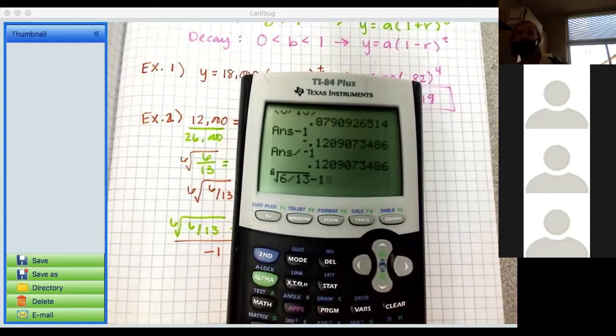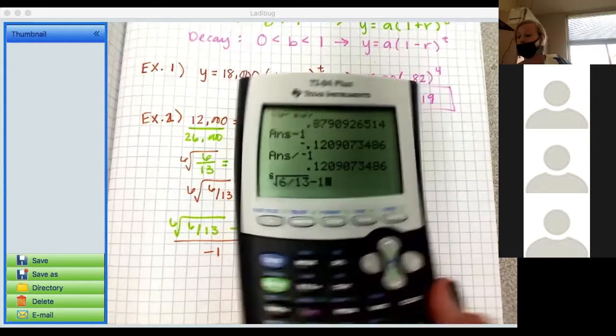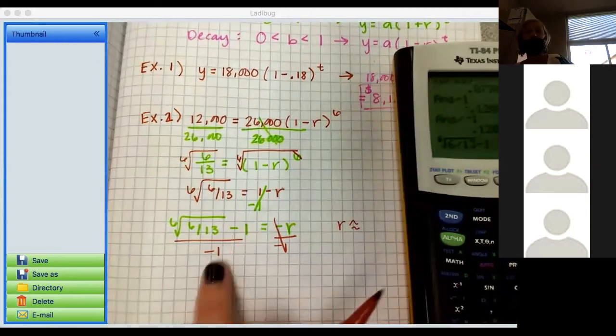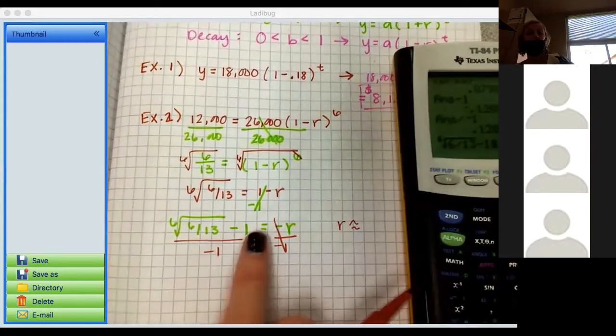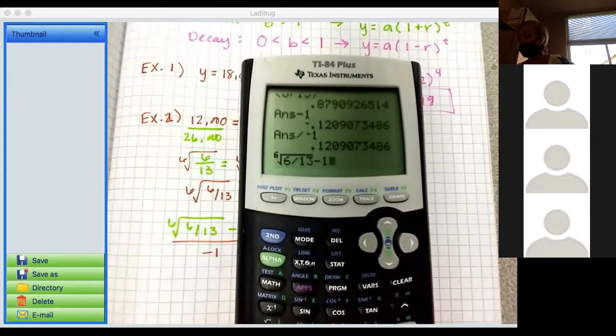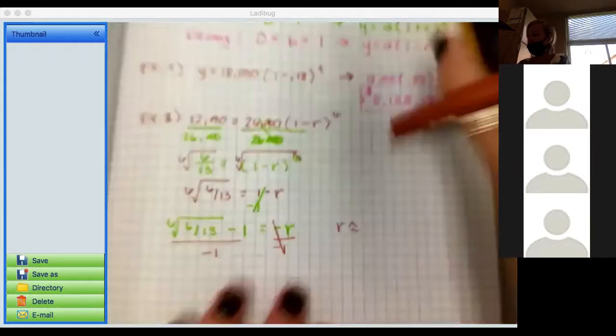Did you put the -1 on the outside, or did you put it underneath the square root? No, no, no. Don't change these signs. Literally type it in like this. 6th root of 6/13 -1 divided by -1. Okay. It should be 12%. So your rate here is 12%.